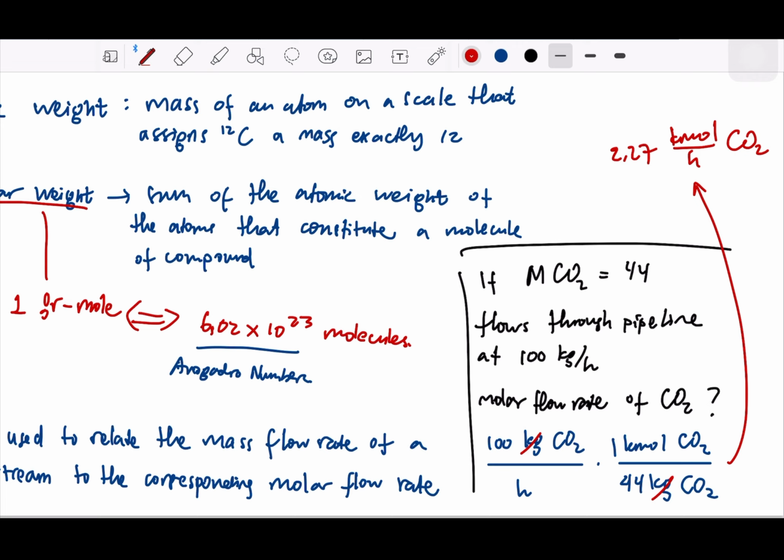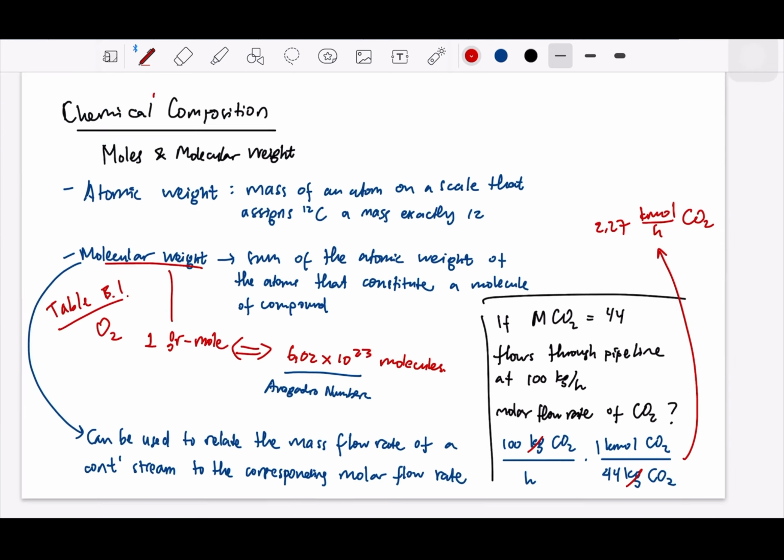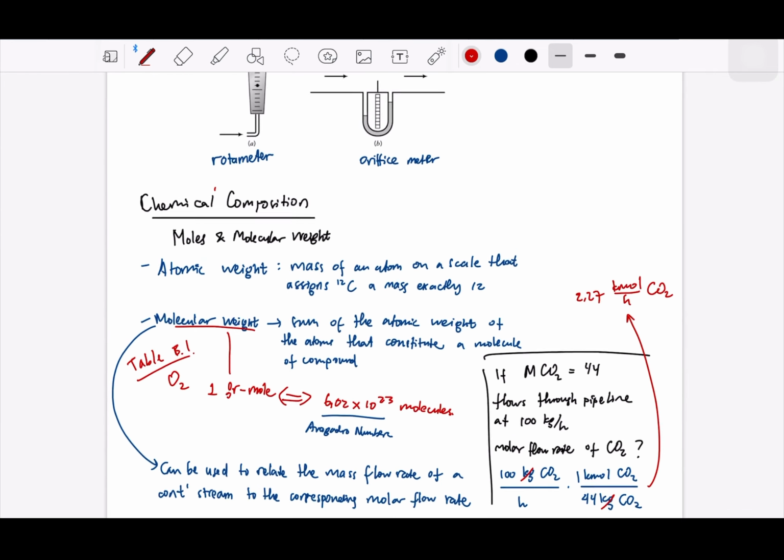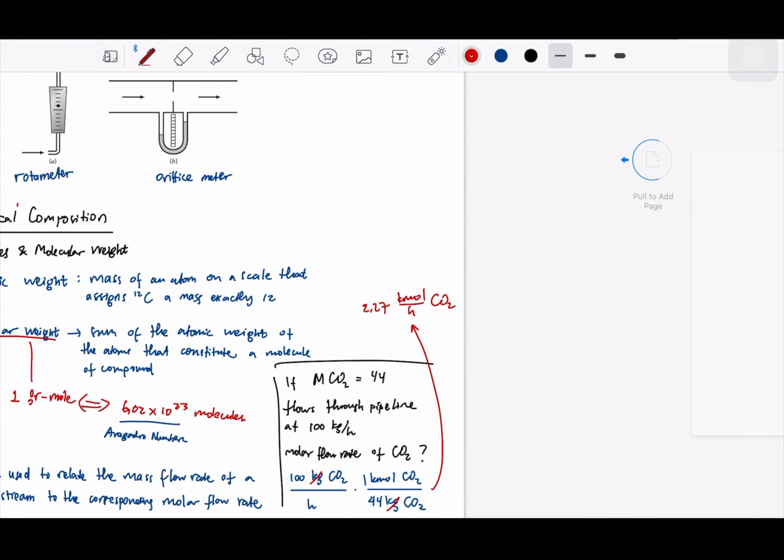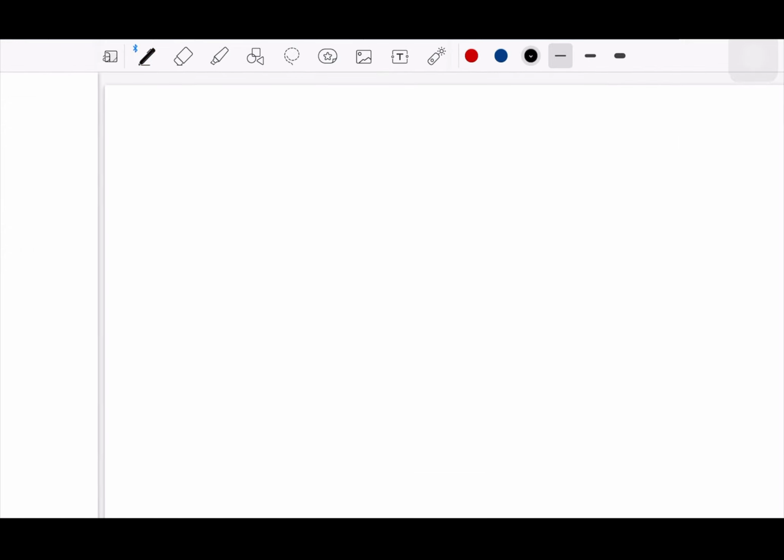We can have mass fractions or mole fractions, because sometimes we are going to observe, maybe, a really long compound and we only consider one element that we are going to measure, right? So mass and mole fractions.